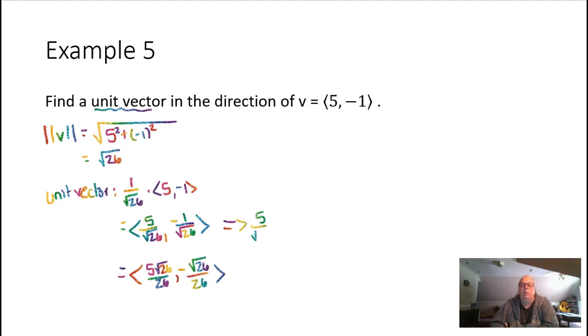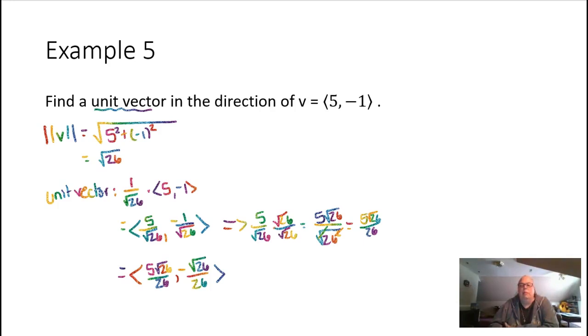We had 5 over the square root of 26 times the square root of 26 over the square root of 26, which gives me 5 times the square root of 26 over the square root of 26 squared. But remember, they're just going to cancel out, so we're left with 5 square root of 26 over 26. And that's where this first number came from. And the second one came from something just like that.